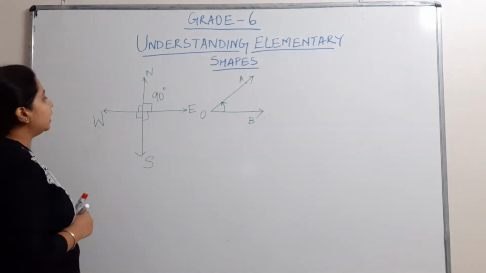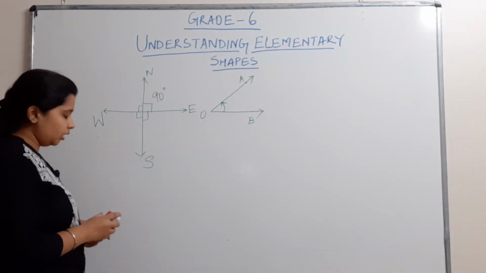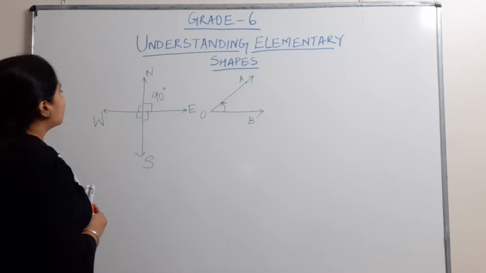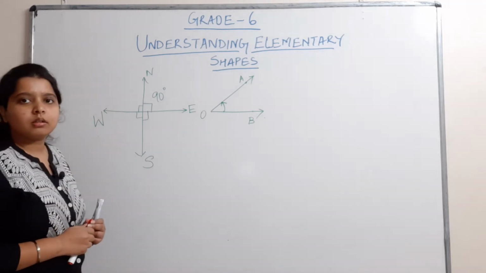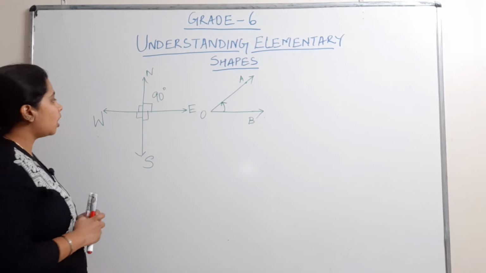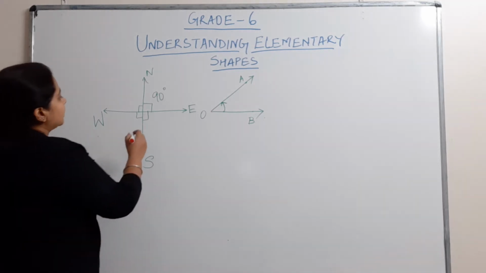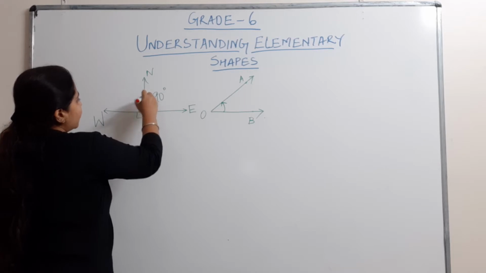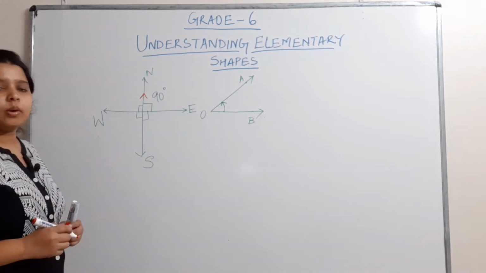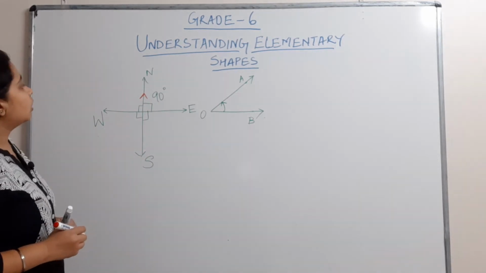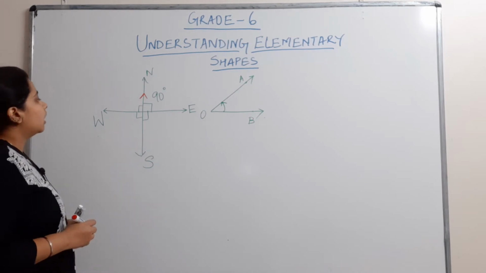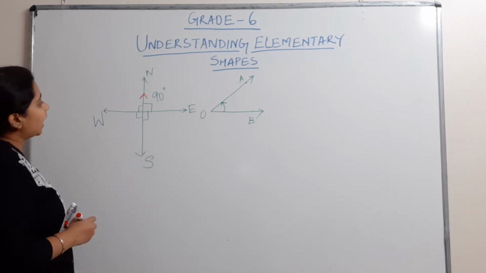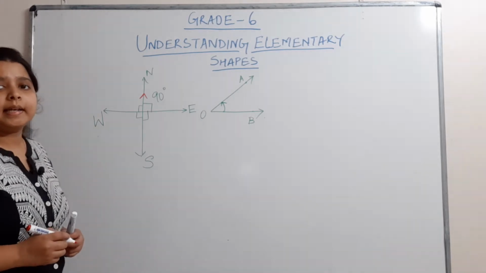So for example, if we turn clockwise while facing north, say there is a person who is standing facing north, and he turns clockwise at an angle of 180 degrees.